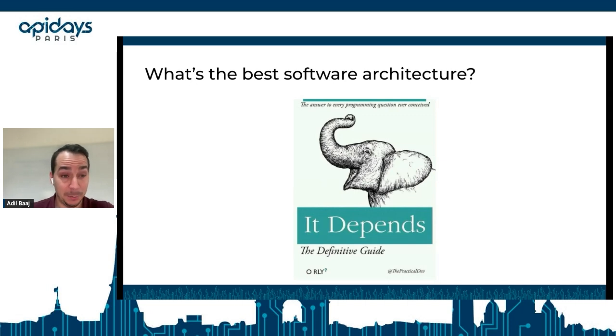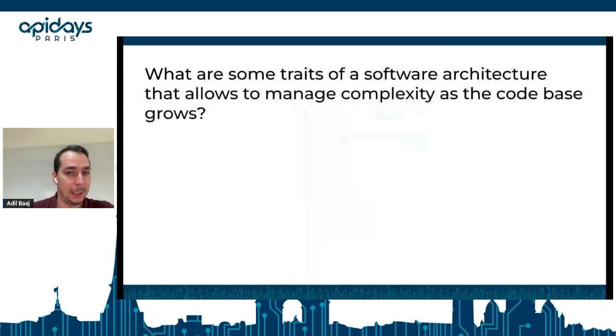Well, it depends because this question is way too broad, way too generic, and it necessarily depends on your context. So going forward, I thought that maybe a more specific question to answer would be, what are some traits of a software architecture that allows to manage complexity as the code base grows? And I think that's maybe an easier question to answer.